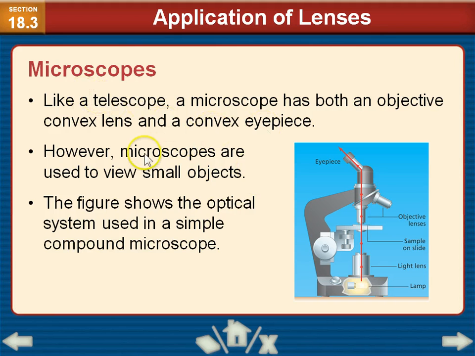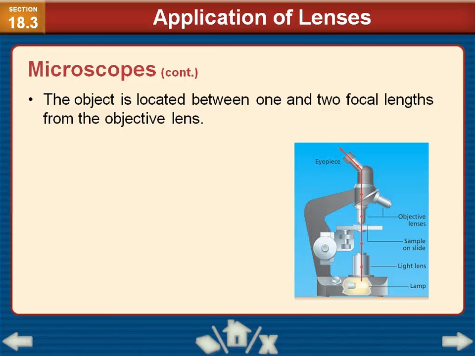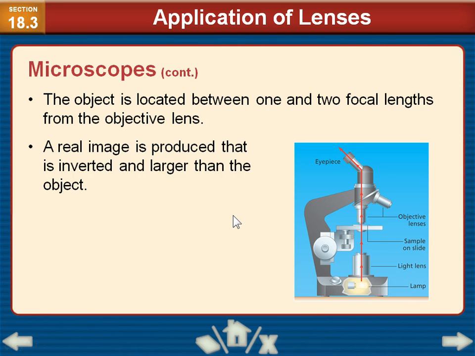It's along the same lines as a telescope, except that we're looking at things that are really close and really small instead of things that are really far away. That's why we call these compound microscopes, because there's a series of lenses involved. The real image produced is inverted and larger than the object. You probably remember that when you move the slide around. If you want to look at something that's up, you have to move the slide in the opposite direction.